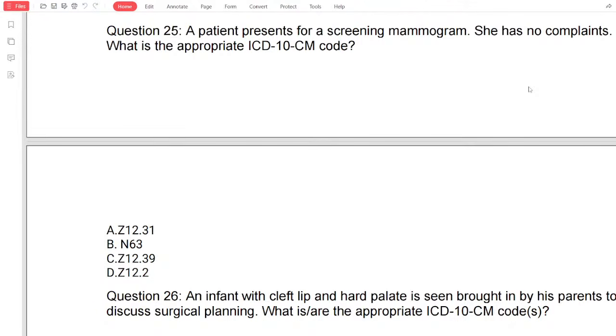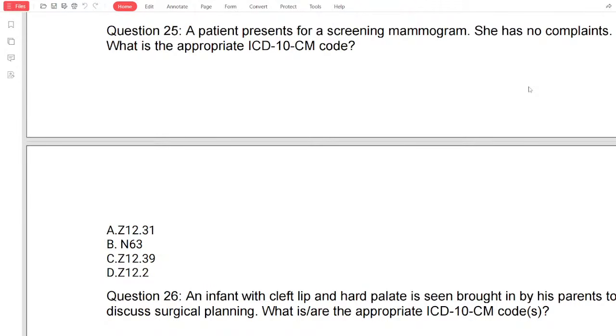That is the correct answer because here also the patient presents for screening mammogram. So that is encounter for screening mammogram for malignant neoplasm of breast, because mammogram is performed for breast cancer, right? So option A is the correct answer.